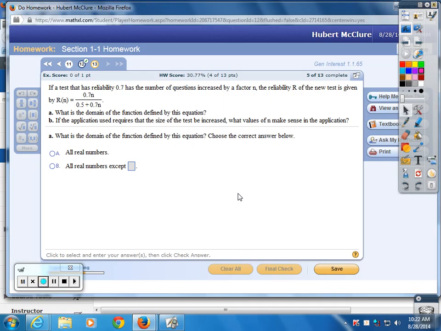In other words, what does the domain tell you about this function? That's what they're asking. So go ahead and look at it. Take your minute or two.